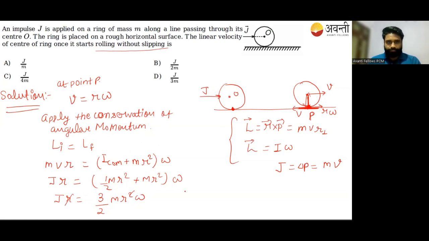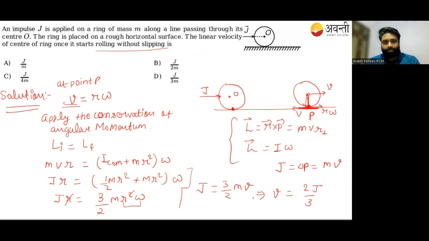So from here you will say that the linear impulse J is equal to 3 by 2 times M R, and omega is remaining, and R omega would become V. So it is mv. So we can find out the value of V here. V is nothing but 2J by 3.